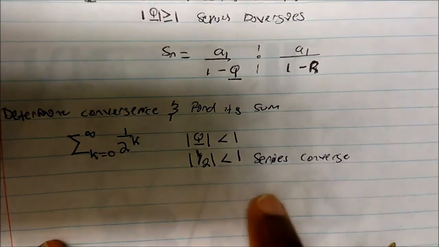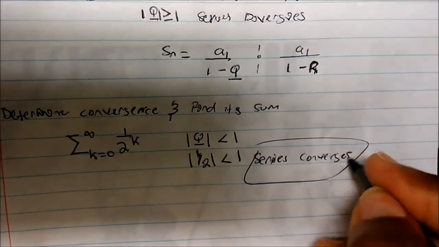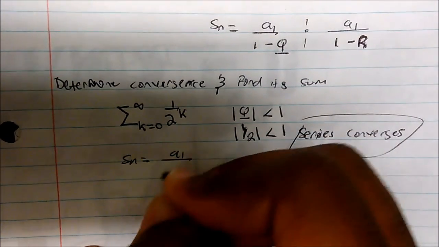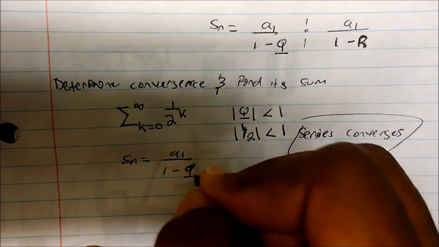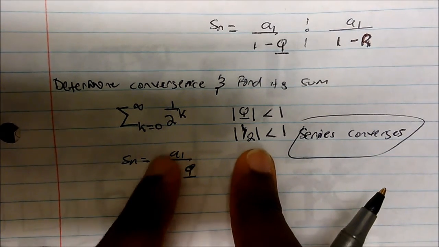Now, what does it converge to? In order to do that, we have to find its sum. The sum is equal to a_1 over 1 minus q. We know q is 1/2. What is a_1?